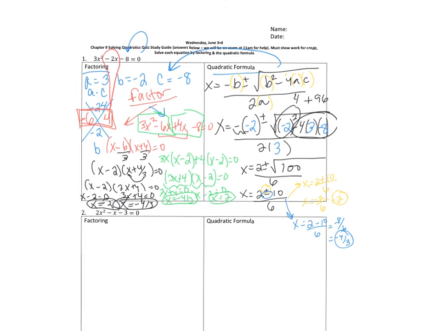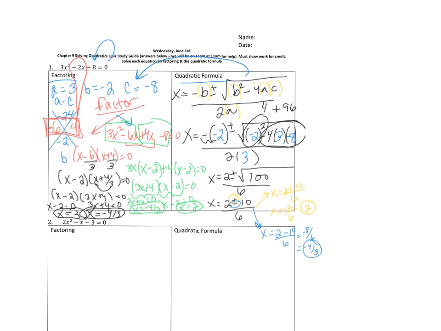Notice that those are the same answers. If you choose to factor, you will get x equals 2, x equals negative 4/3. If you use the quadratic formula, you get x equals 2, x equals negative 4/3. You should get the same answer.